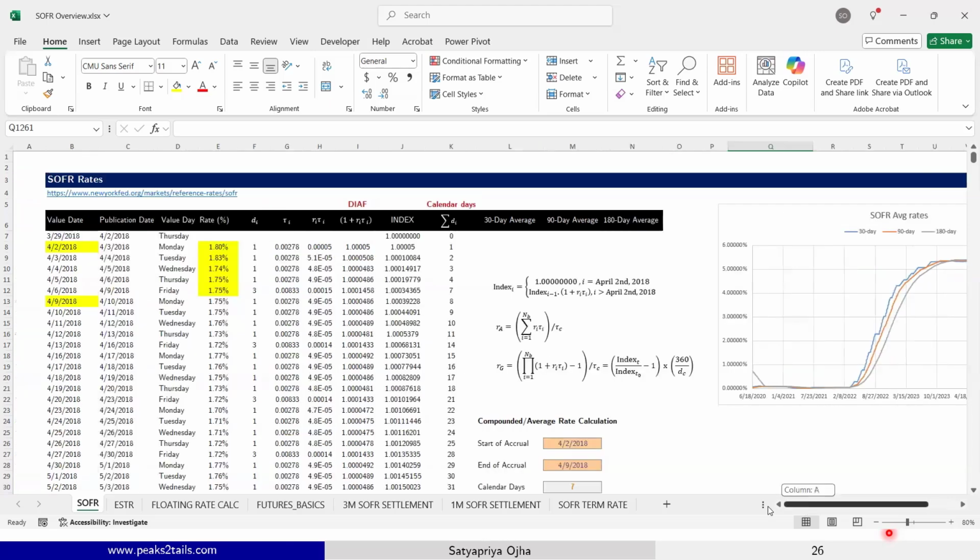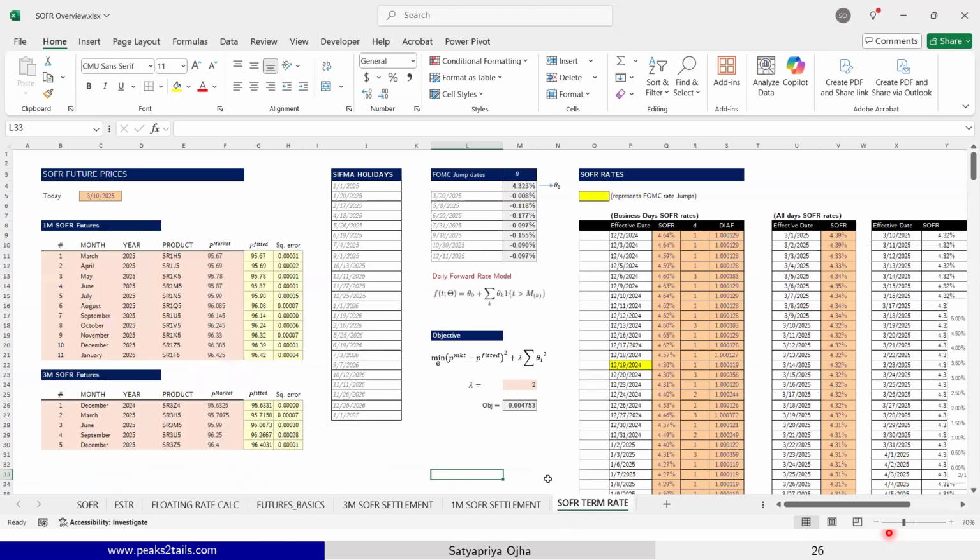So how CME does it is you need to identify the future FOMC meeting dates. These are the dates that they are supposed to meet. Right after that, on the next day, there will be jumps. I'm taking theta as the jump parameter.